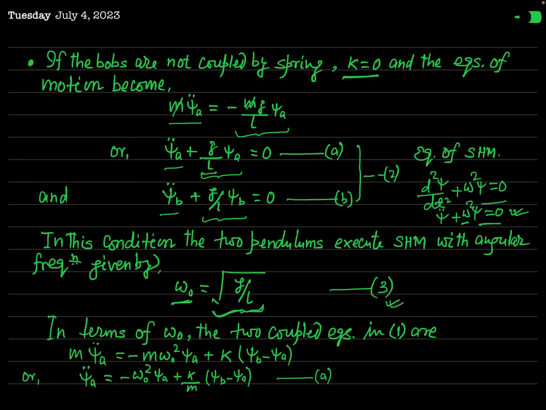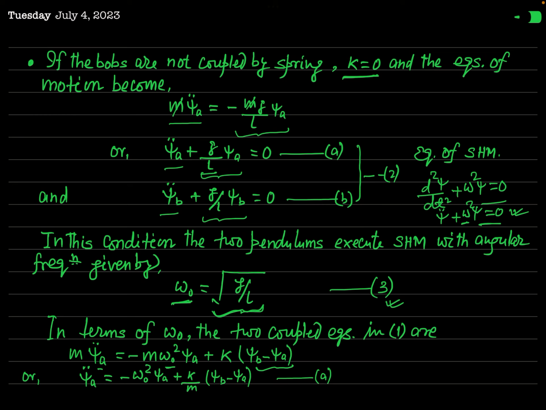And so equation 1a and 1b will become what? This will be m times psi A double dot equal to minus m g over L, but instead of g over L we will now write omega naught square times psi A, plus k times psi B minus psi A. Okay.